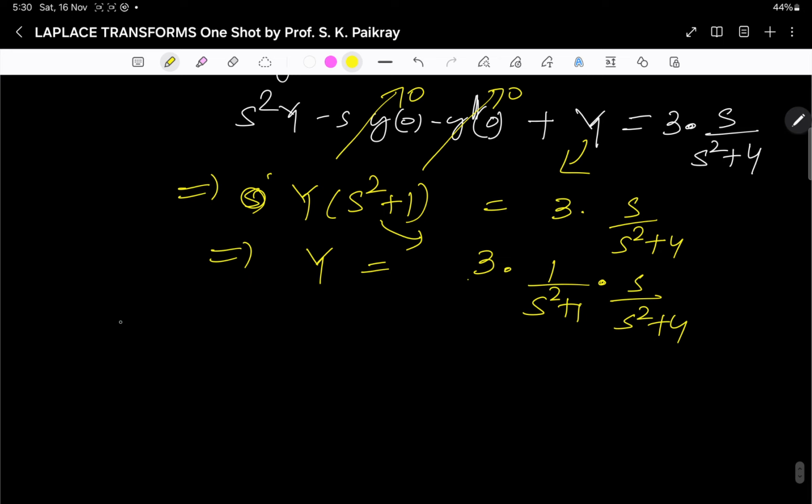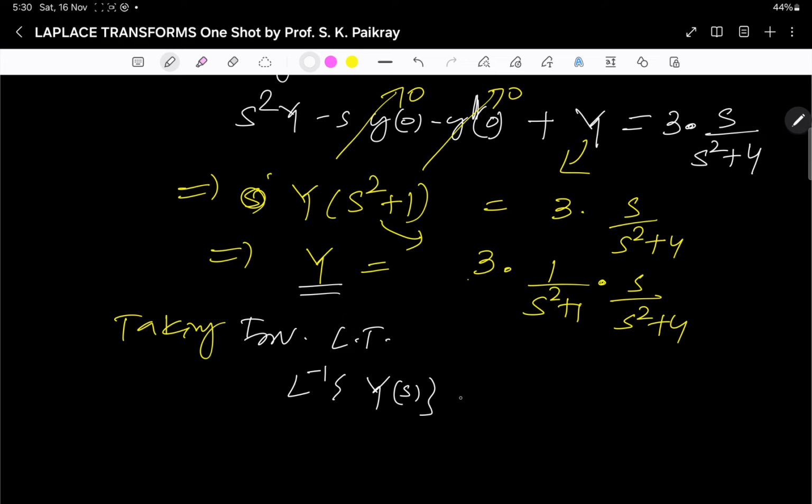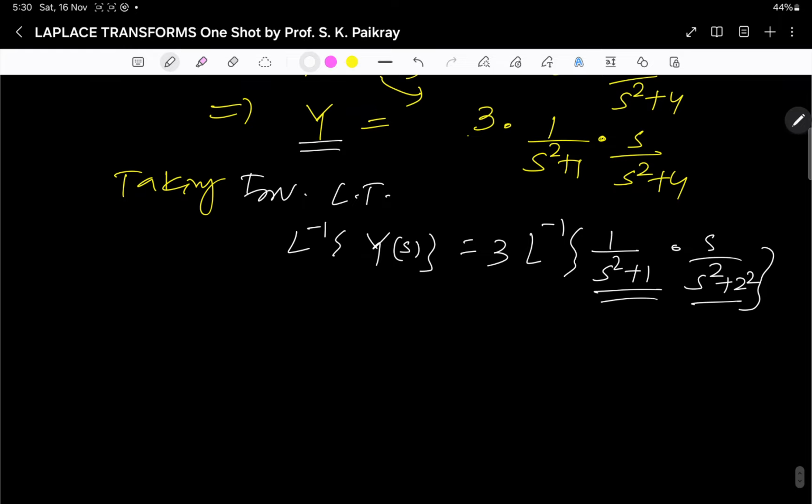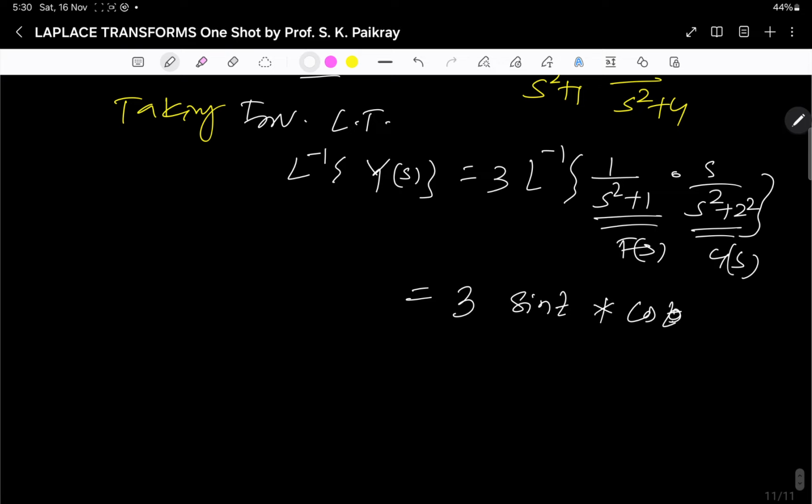Now it is time to apply the inverse Laplace transform, taking inverse Laplace transform to both sides. So this is L inverse of capital Y, a function of s. It is 3 L inverse of this product form, 1 by (s square plus 1) into s by (s square plus 2 square), is it not? So you apply the convolution theorem here. L inverse of F(s) into G(s) is f(t) convolution g(t), which is sin t convolution cos 2t, and already you know the formula.